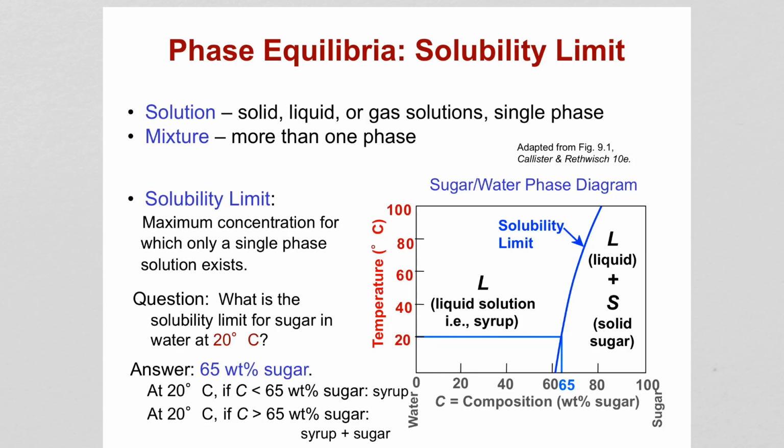Here, on the x-axis, we are seeing the composition, weight percentage of sugar, and it is increasing from left to right. So here 100% sugar, here 0% sugar means water. On the y-axis we are seeing temperature.